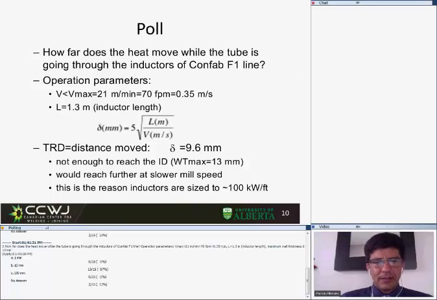Something interesting about this result is that in this Confab F1 line, the maximum wall thickness is 13 millimeters. So heat conduction alone is not going to be enough to get a uniform wall temperature. That's an interesting thing to keep in mind. Sometimes it is, sometimes it isn't.